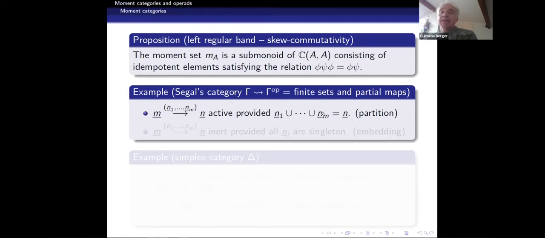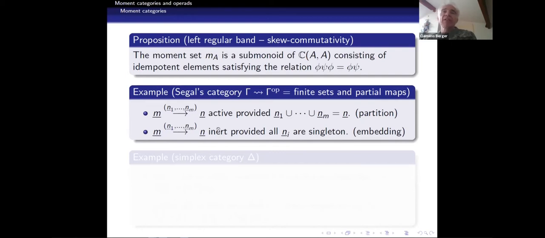But you can also have such disjoint subsets which do not cover all the target. And in particular, you can have singleton subsets. If you have such a map with singleton subsets of n, then this corresponds just to an inclusion, and this corresponds to inert maps.